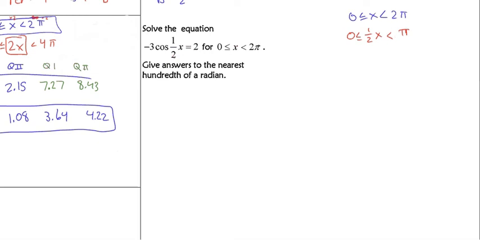When will negative 3 times the cosine of 1/2 x be equal to 2? All right, so we've got negative 3 times cosine of 1/2 x equals 2. Our first step is to divide both sides by negative 3.